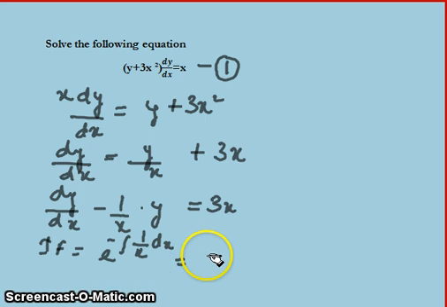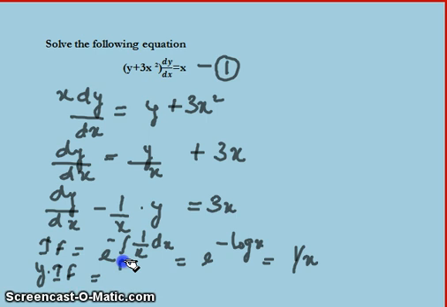This gives us a value of integrating factor as e to power minus log x, which is equal to 1 by x. Now in order to find the solution, we have y into integrating factor equal to integral of q into integrating factor plus c. Here q is equal to 3x.